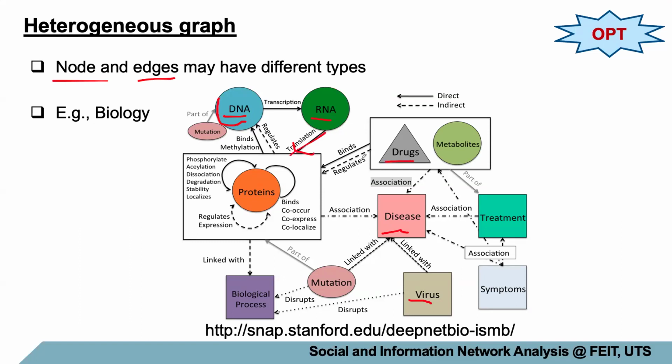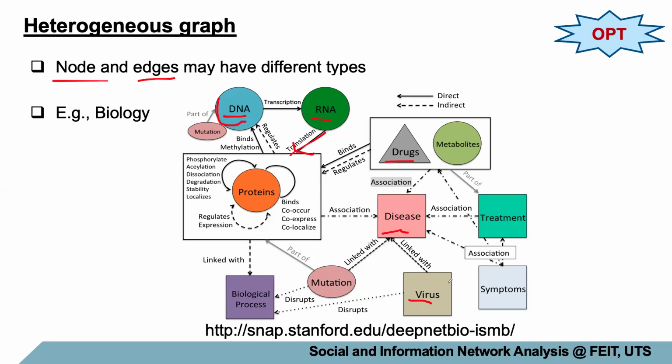It is more complicated. When you go into industry, it is more common to find these heterogeneous graphs. But for this subject, it's okay for you just to know this graph.